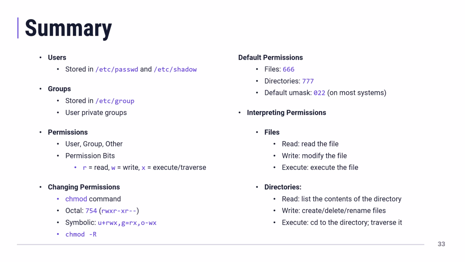Default permissions, again, for files, it's going to be 666, 777 for directories. But because the default umask on most systems is 022, it further gets restricted from there. And you can restrict it even further if you want by setting your own umask. And then, of course, we saw the differences in the different permission bits for files versus directories.